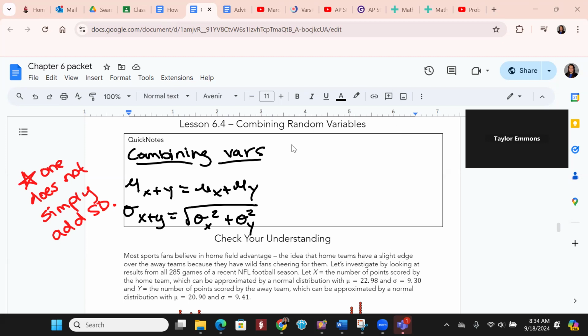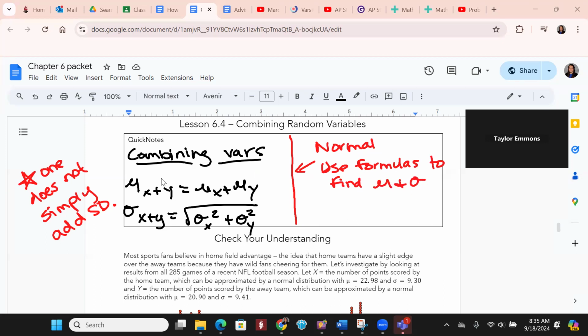That normal distribution stuff comes back in this unit. We didn't see a whole lot of this, but you're going to use the formulas to find mu and standard deviation. These are the formulas for it.